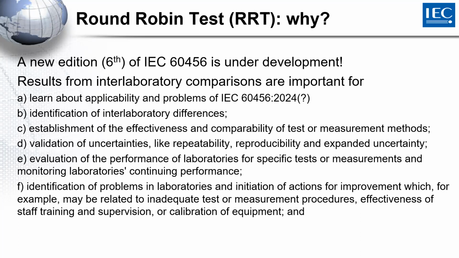You may need to improve your staff so that you give some training to your people. You know now what is needed for the new standard to come, and so you can now prepare for being equipped and being trained to perform tests according to this new standard. So this round-robin test shall also help you to get fit for applying this new standard.